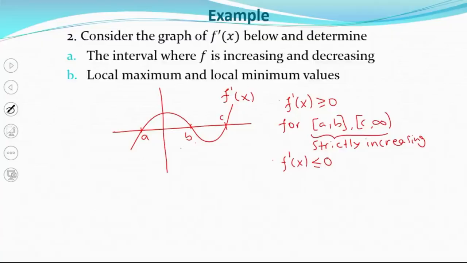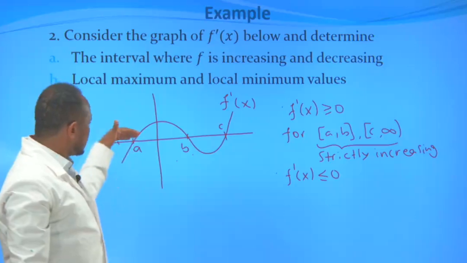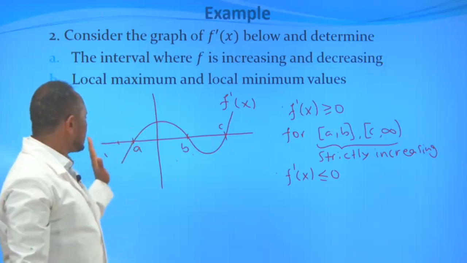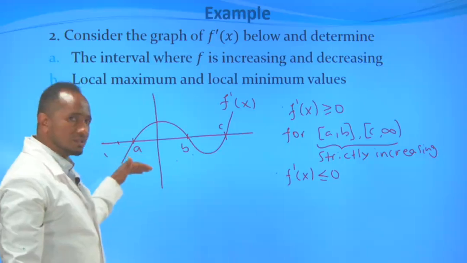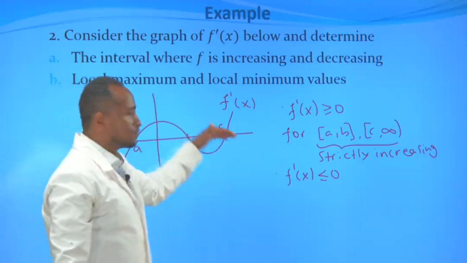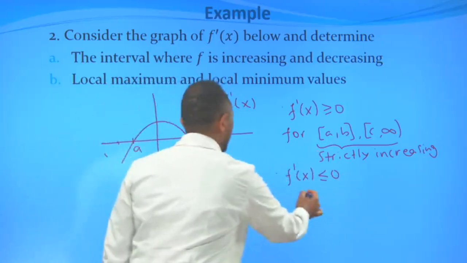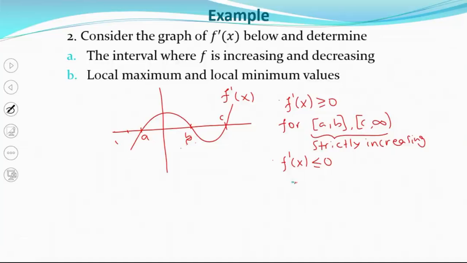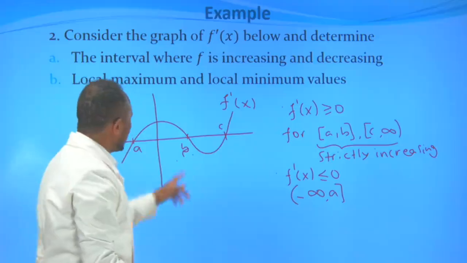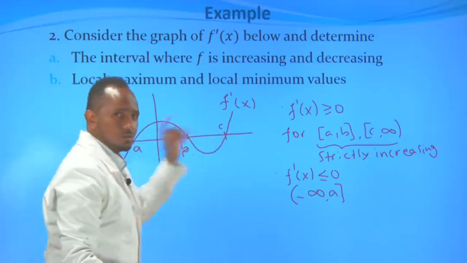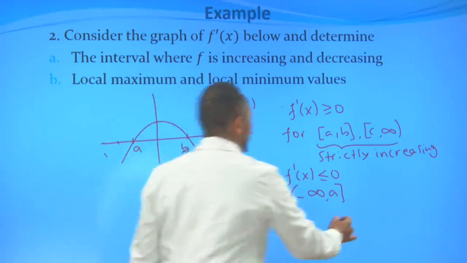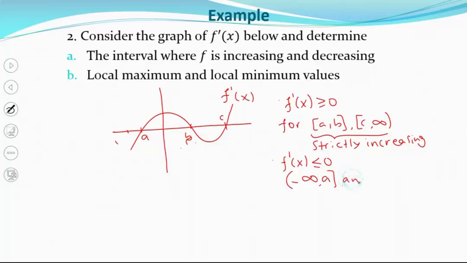Therefore, f derivative of x is less than 0 for the interval from negative infinity up to a, which is below the x-axis, and from b to c, also below the x-axis.